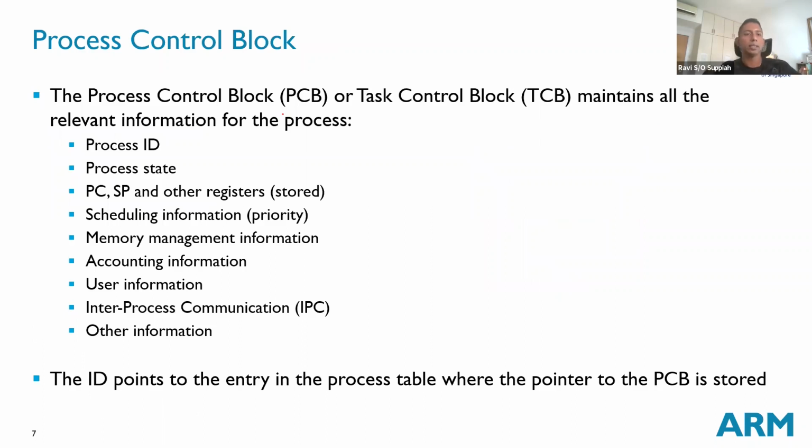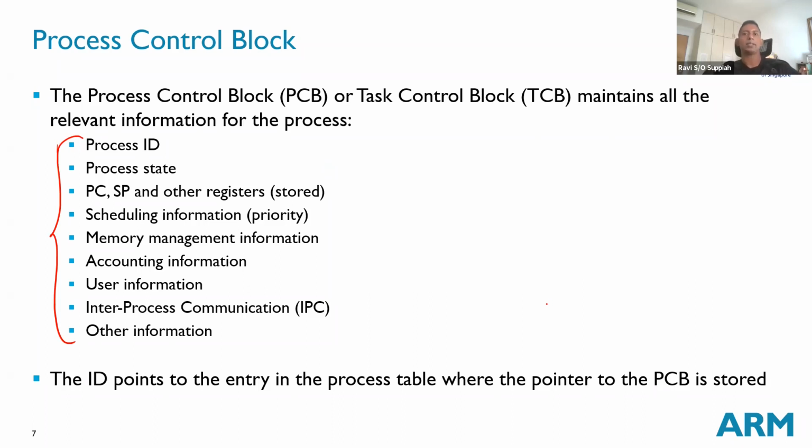This is the process control block that holds all the information related to a particular process or task. This is basically the snapshot of everything that your task is currently performing.